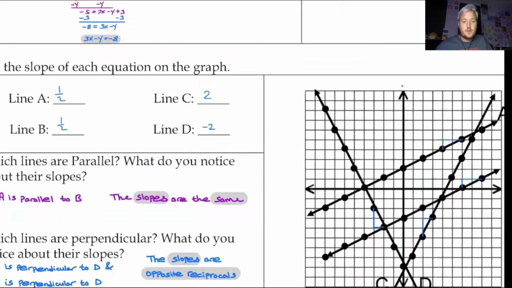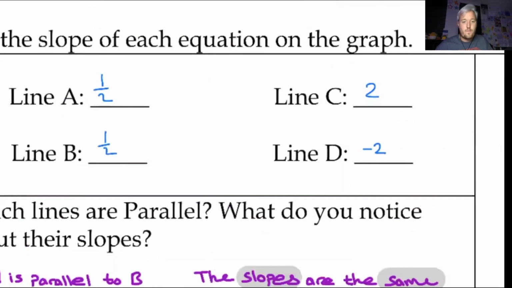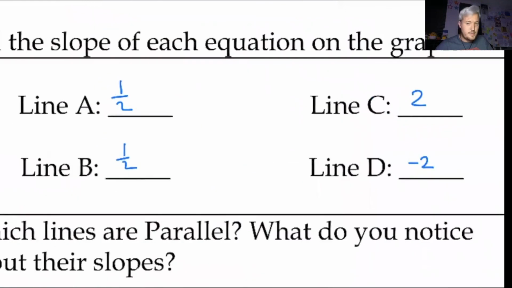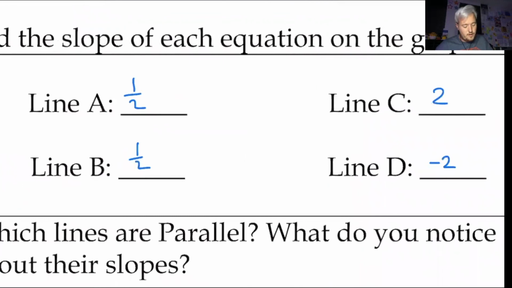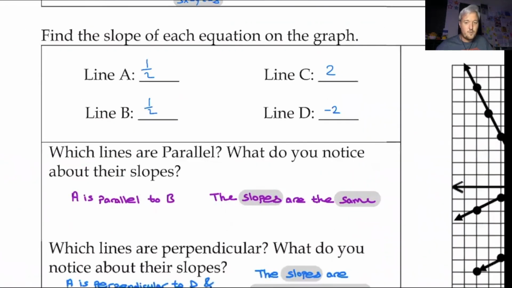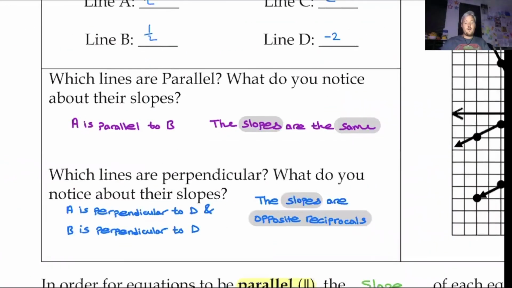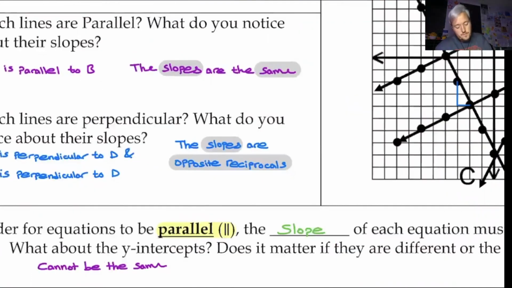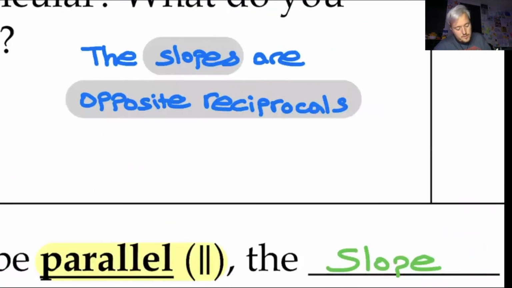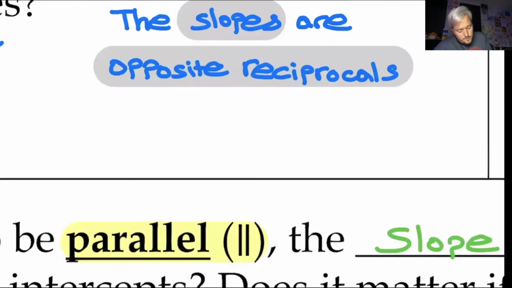So if you notice, line A and line D are perpendicular, and then line B and line D are perpendicular. So they are opposite reciprocals. Another way of saying opposite reciprocals is flip the sign. So that's what we mean by opposite.